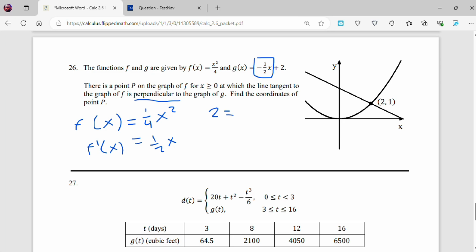So we know that f prime of x has to be 2, times 2 on both sides, x equals 4. And now we have to find our f of 4, since it's coordinates. It's not just the x value. So f of 4 is 4 squared, which is 16 over 4. So 4 comma 4 is point P.